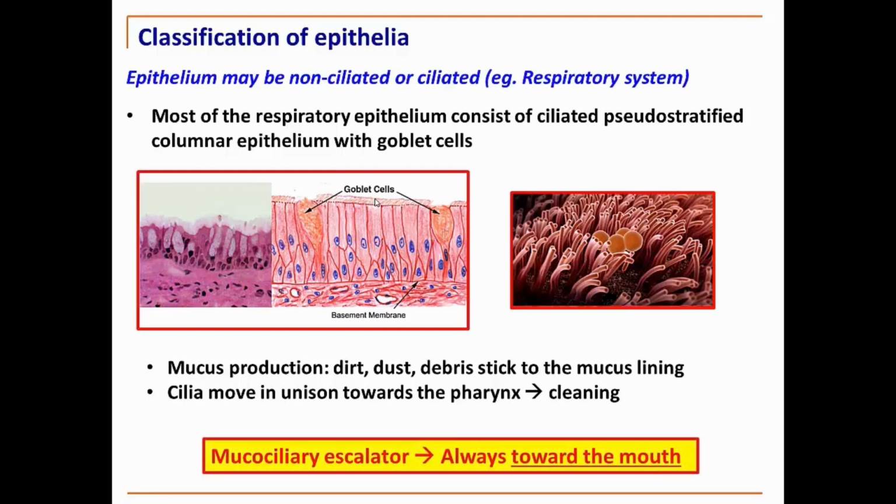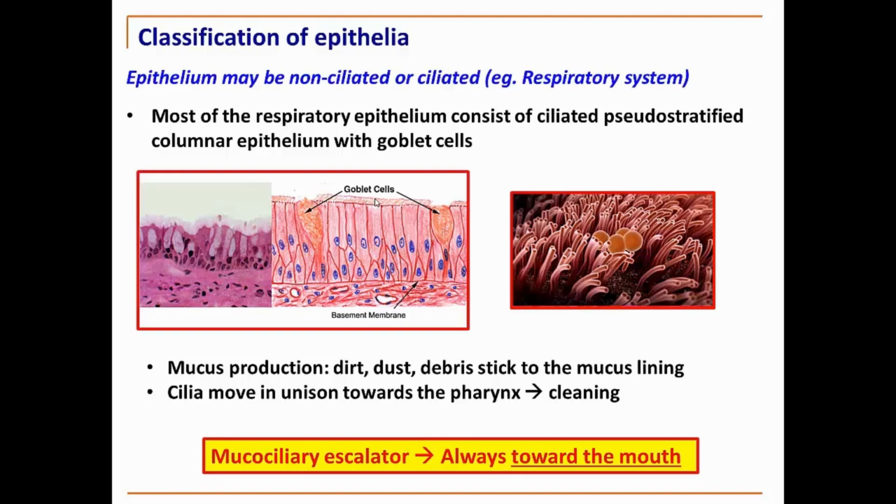So you're removing the debris that way. This is called your mucociliary escalator, and it is always towards the mouth. That's the important thing. If it's in your bronchi, it's coming upwards away from your lungs towards your mouth where you swallow it, and in your nose, it's going downwards towards your mouth where you swallow it. So it's called the escalator, and it's always towards the mouth.